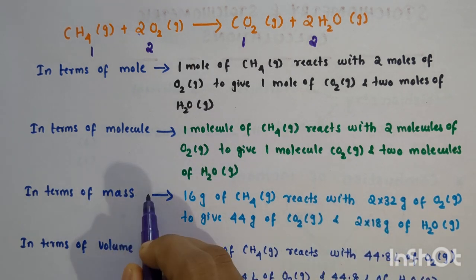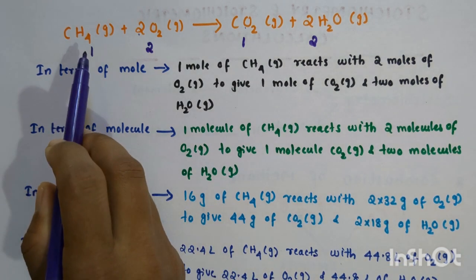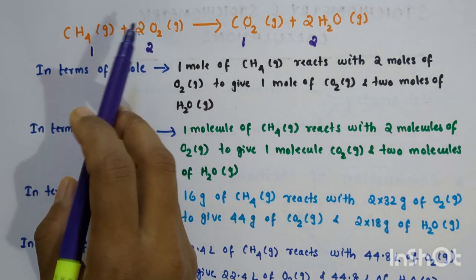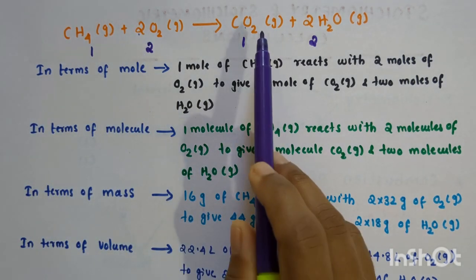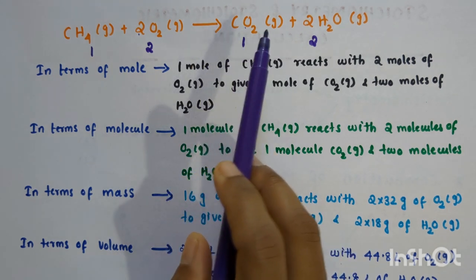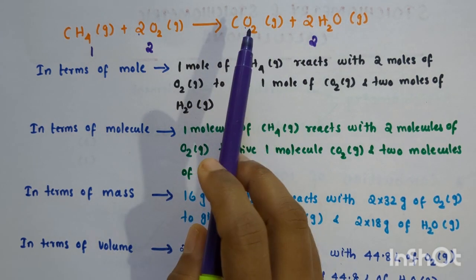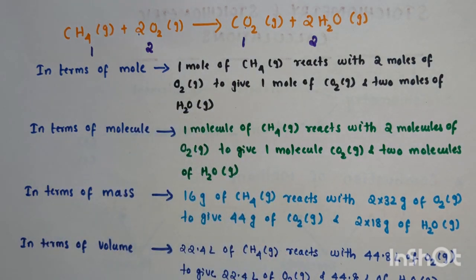That is, in terms of mass, we can say that 16 gram of CH4 reacts with 2 into 32 gram of oxygen to give 44 gram of carbon dioxide and 2 into 18, that is 36 gram of water.